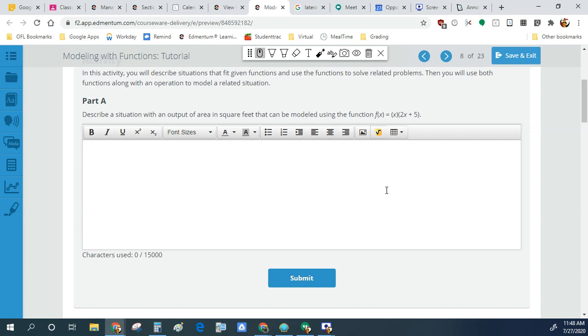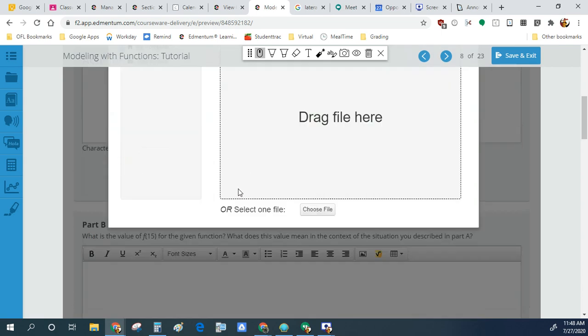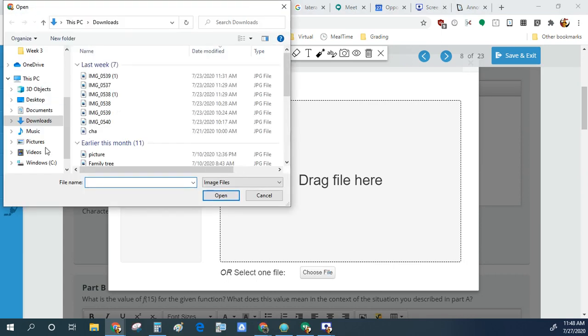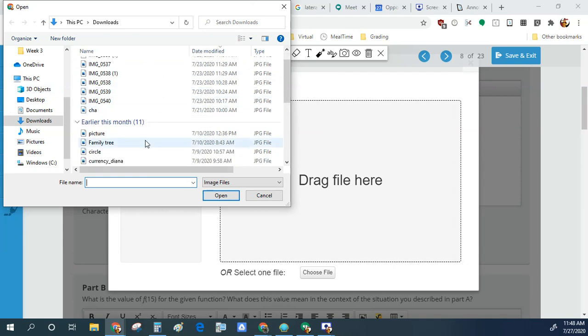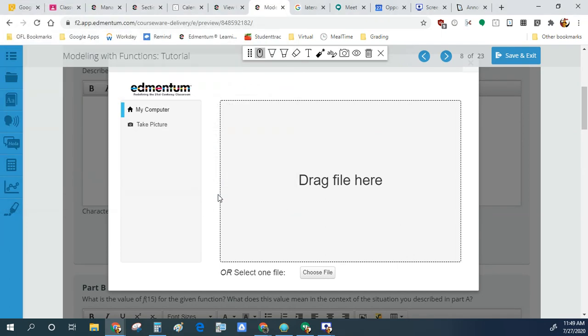So what I actually recommend is using this. Let's say you have a picture: you go on your phone and take a picture, right? So let me see if I have any pictures here. You can go onto your computer or your phone and take pictures from here. I'm just going to take a random picture here.